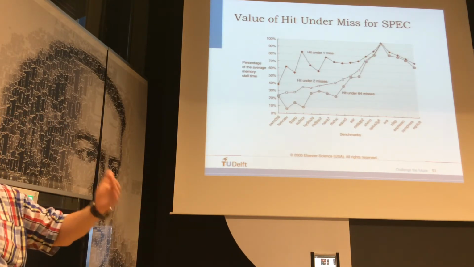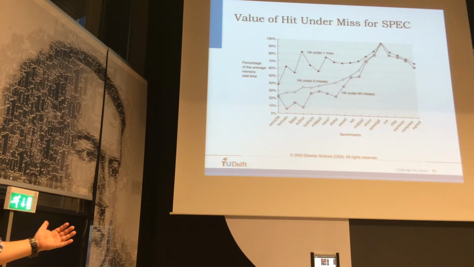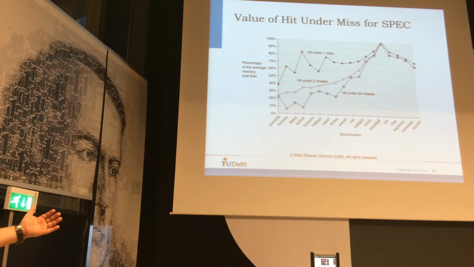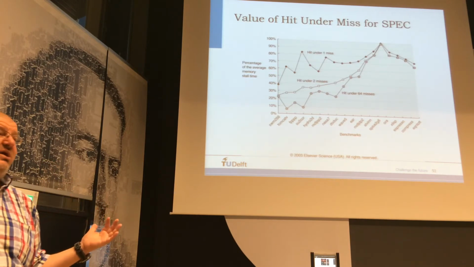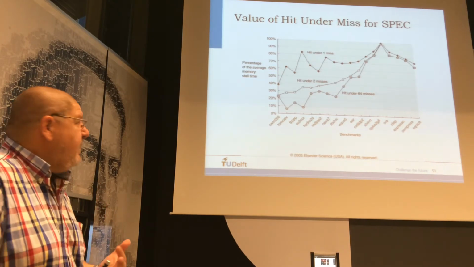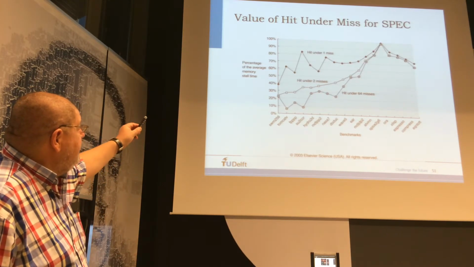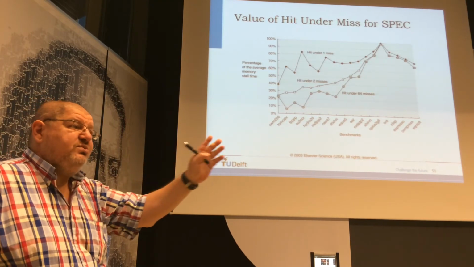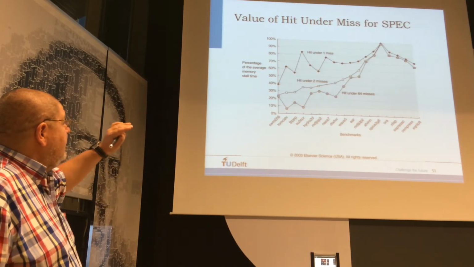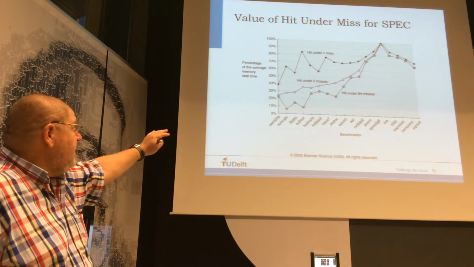It's a bit like the issue of the superscalar machine. You can see how the performance is improving. There are programs like Aura where nothing is happening. I mean, it's not really helping. But there are programs where this can help me a lot. And what I can see is that the difference between going for a hit after 2 misses and a hit after 1 miss is large. It's helping me a lot.